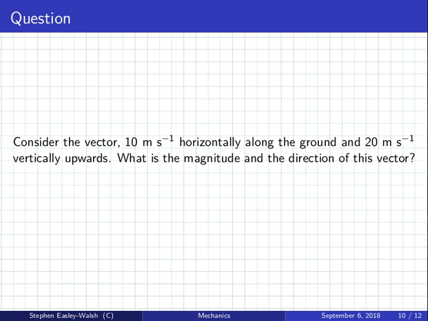Most students would draw it right and up. So we usually go for right and up. So 10 and 20.